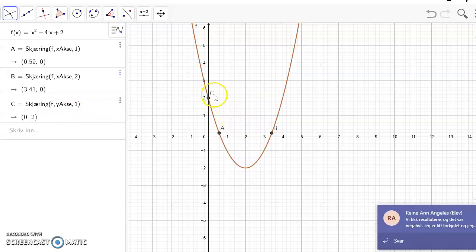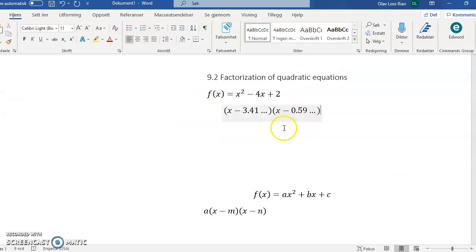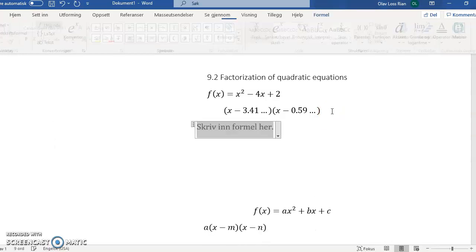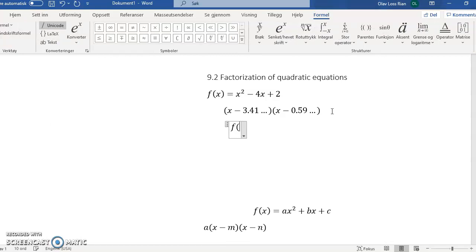Now the way to do that is to set the x equals 0. So if we had f of 0, that would be setting x equal to 0.